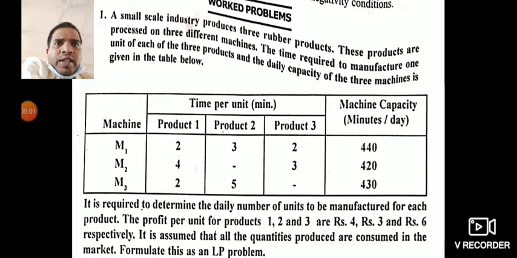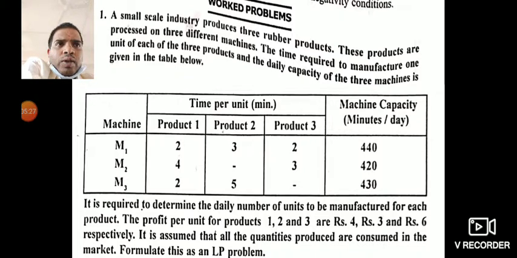There are three machines: machine 1, machine 2, machine 3. Product 1 is processed on machine 1 for 2 minutes, product 2 for 3 minutes, and product 3 for 2 minutes. For machine 1, the per day capacity is 440 minutes.